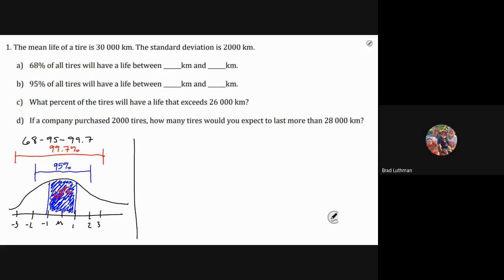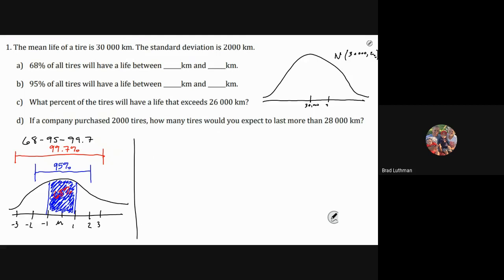So up here in the corner, I'm going to draw a normal curve relative to the context. So a normal, let's see if I can fit all this in, 30,000 with a standard deviation of 2,000. I apologize for running off the screen here. What that allows us to do is put a 30,000 here.